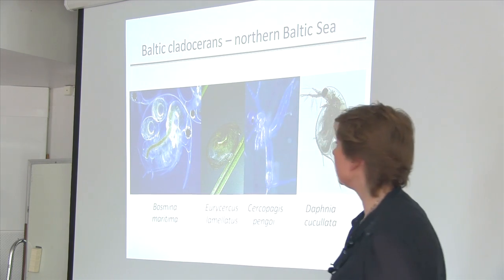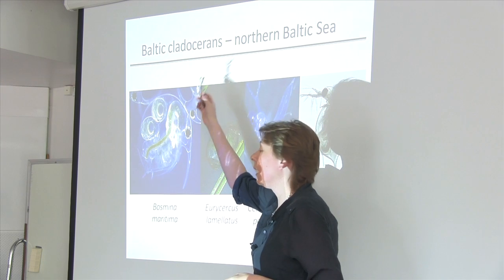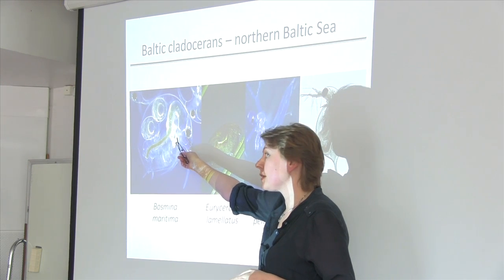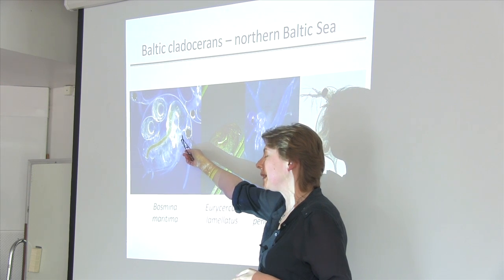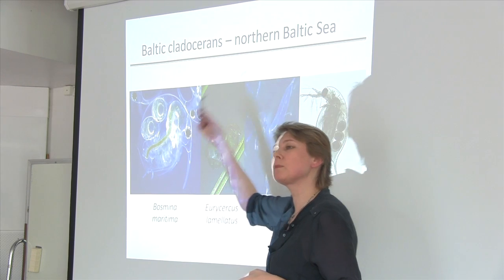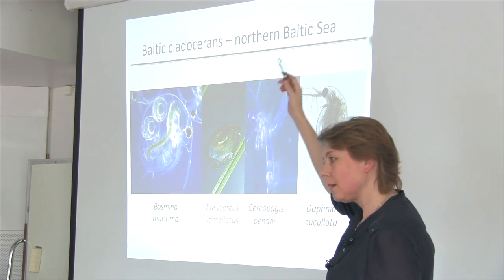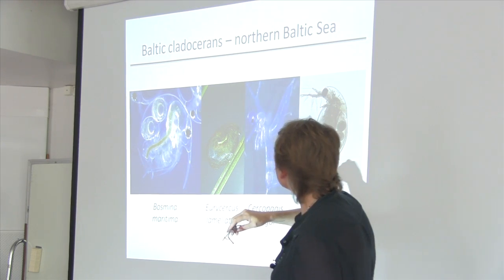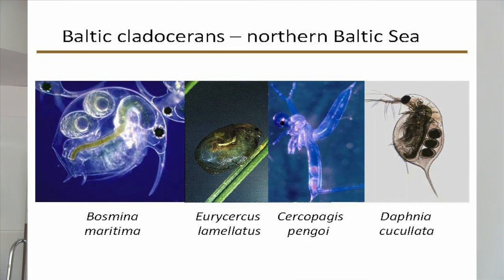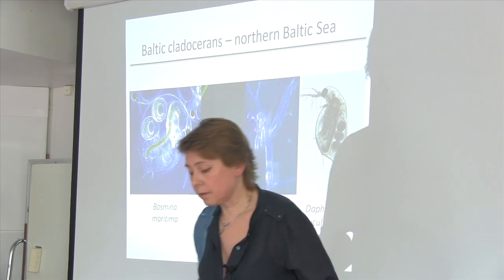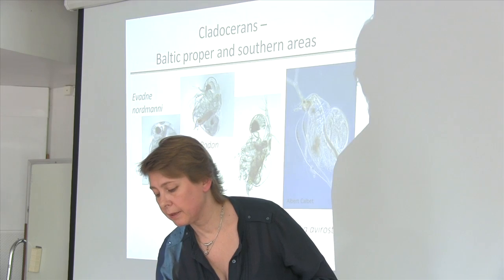Baltic cladocerans, Bosmina maritima, which is actually quite an interesting species, understudied in my opinion, and it's a truly endemic species in the Baltic Sea. Cnidarians, coastal samples. Cercopagis, very predatory and very differently looking species, feeds on other zooplankton, and in the freshened areas, it's Daphniids, different species.